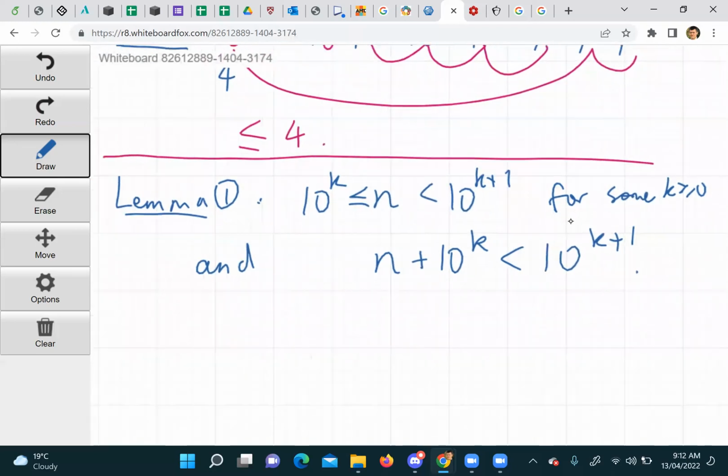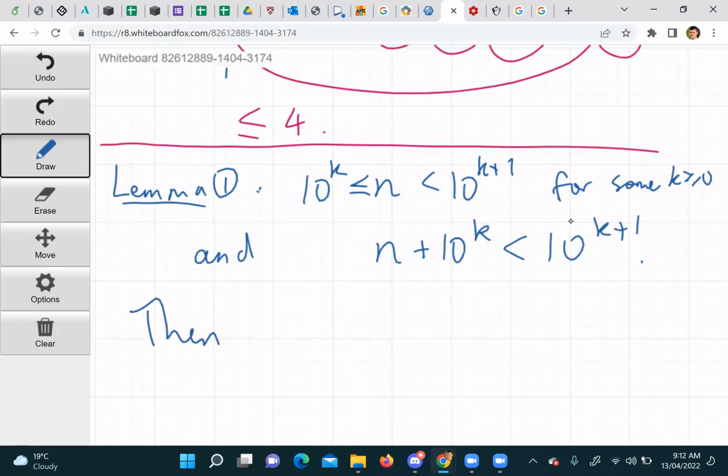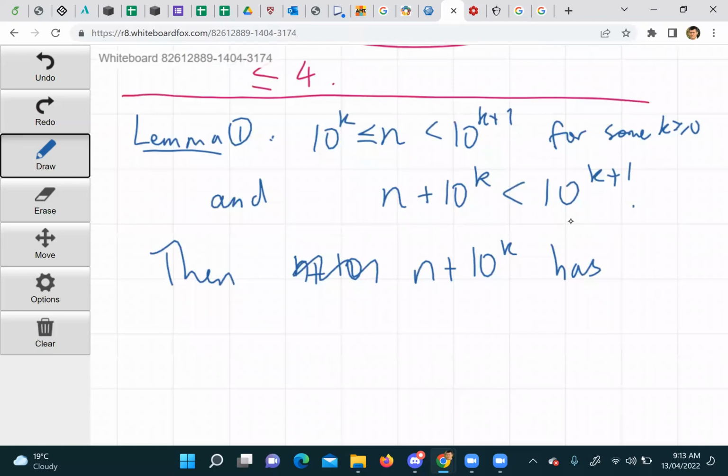Then n plus 10 to the k has a larger leading digit.